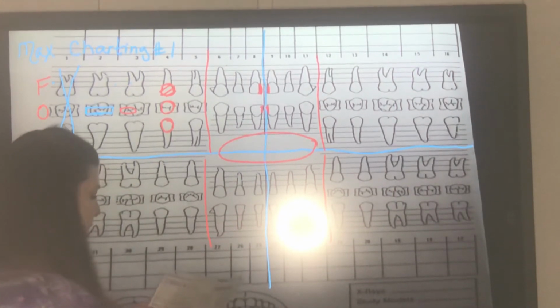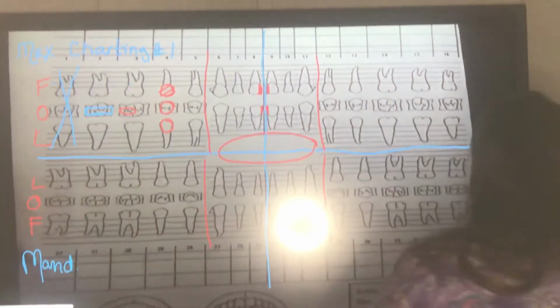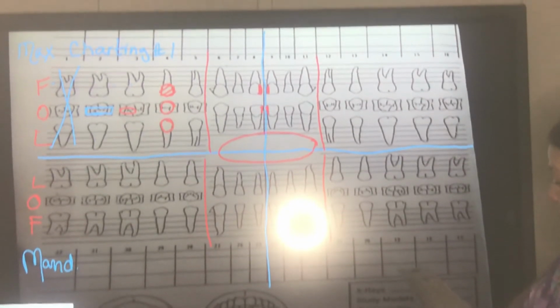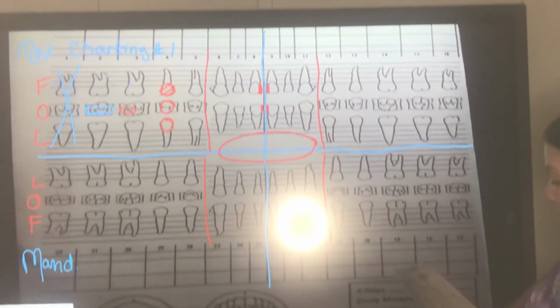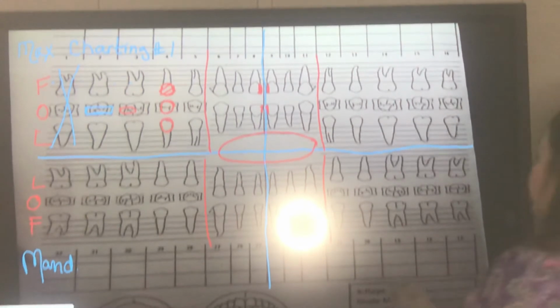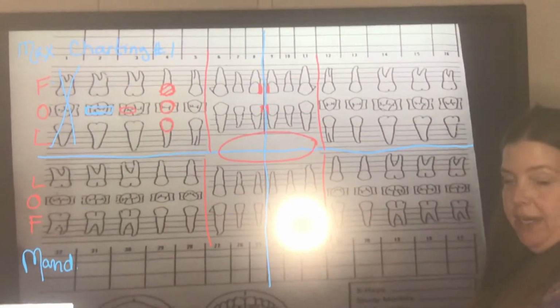Now we're going to go to tooth number 13 through 16. And there is a bridge, or there needs to be a full porcelain bridge from 13 to 16. So a porcelain bridge means there's no metal in it at all.